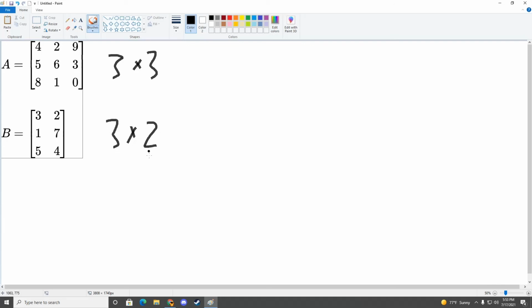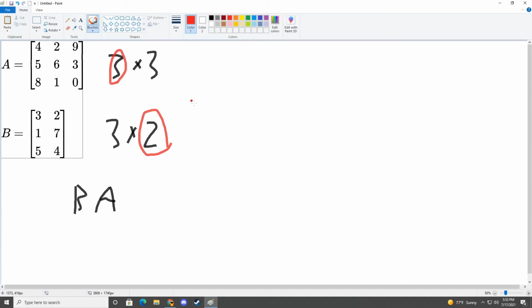However, since we're solving for BA instead of AB, and since B has 2 columns, A has to have 2 rows as well, or else you can't solve that.